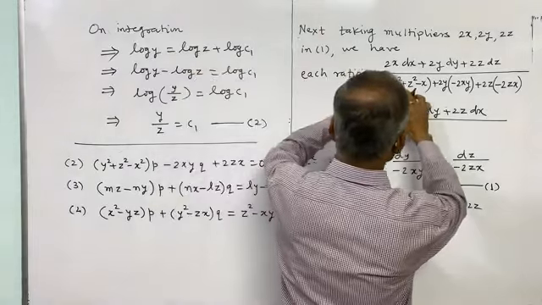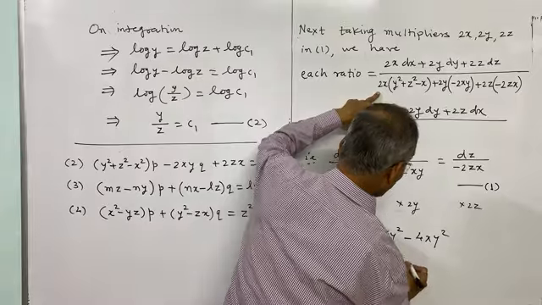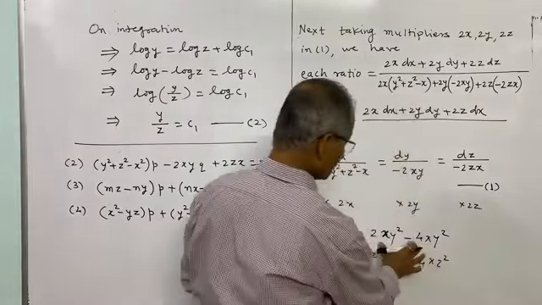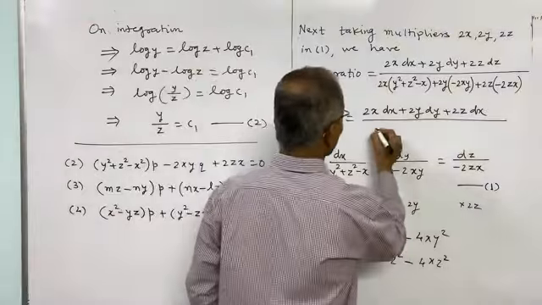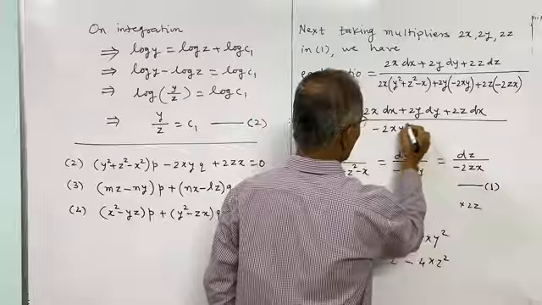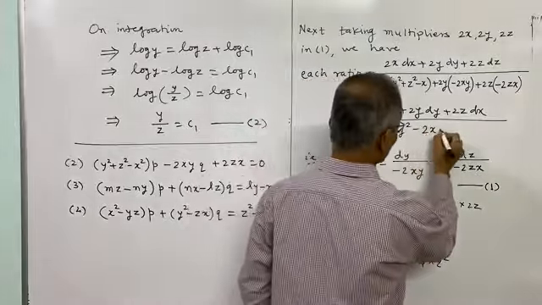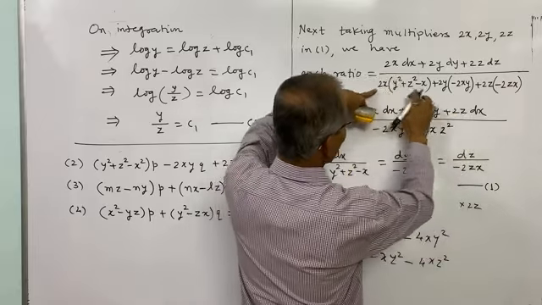And next the similar terms, 2xz square minus 4xz square, this gives negative 2xz square, and one term remaining here is negative 2x square.